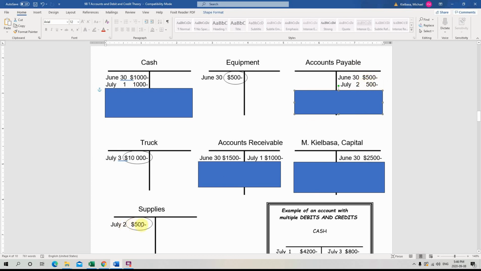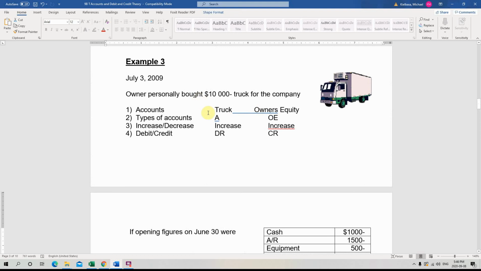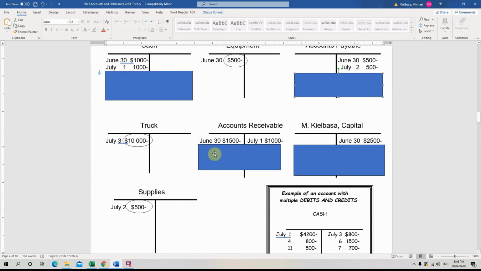So I have a debit and I have a credit. And in the last transaction, the owner bought a $10,000 truck for the company. So truck on the 3rd, we're going to debit for $10,000, and then the capital account we're going to credit for $10,000.